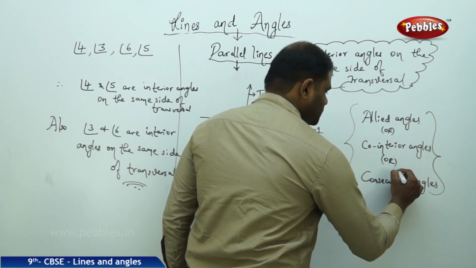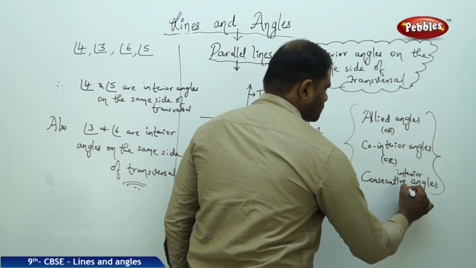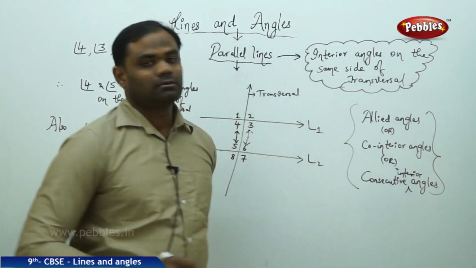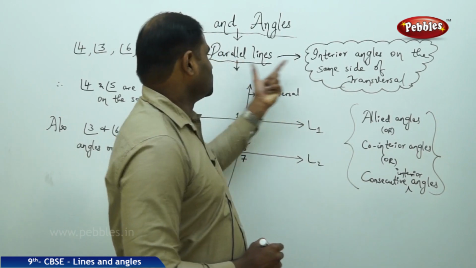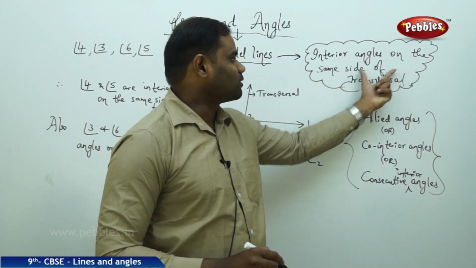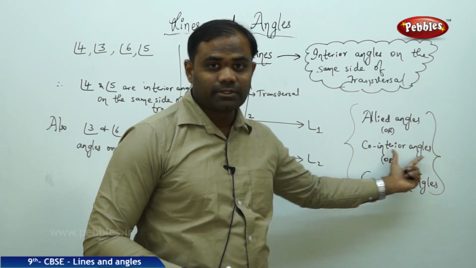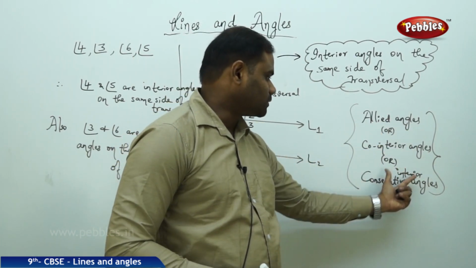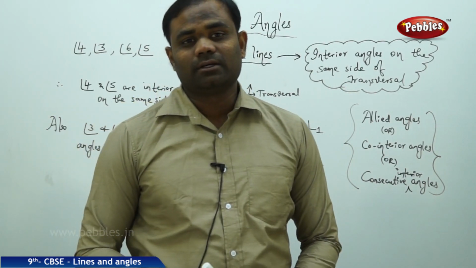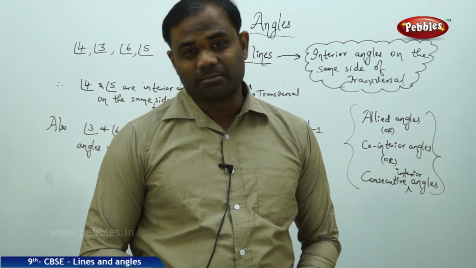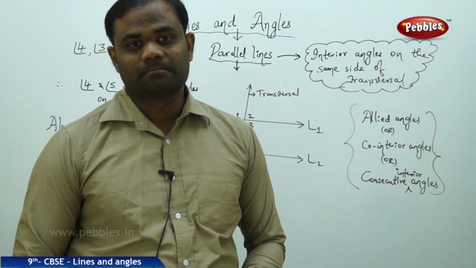Consecutive interior angles is how we give different names for the interior angles on the same side of transversal, which are also called allied angles or co-interior angles or consecutive interior angles, is how we understand the interior angles on the same side of transversal connected with the parallel lines.